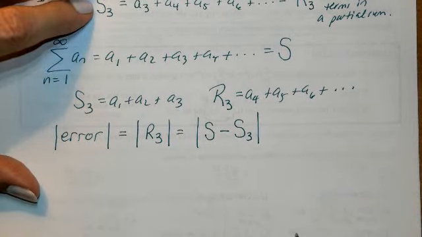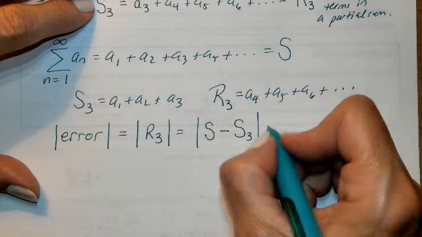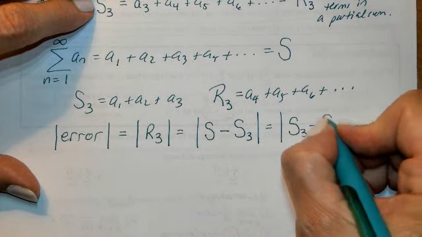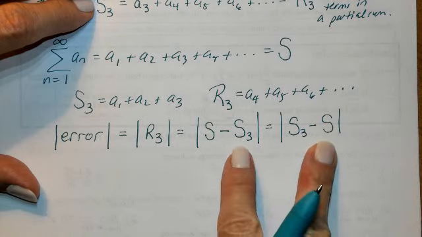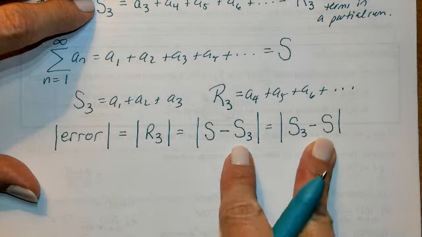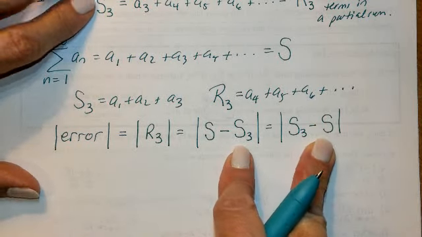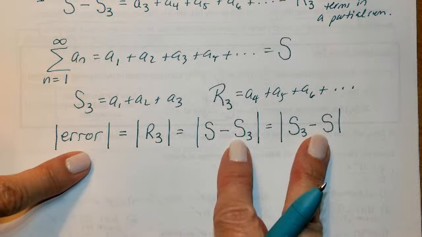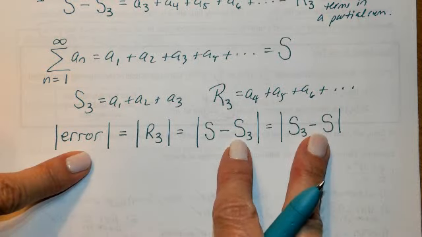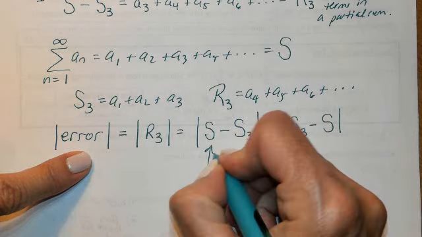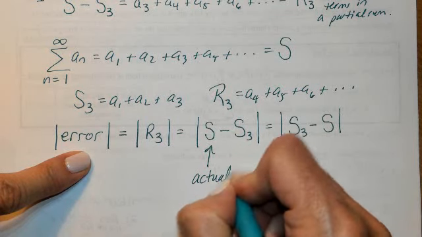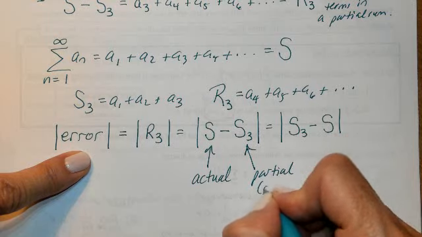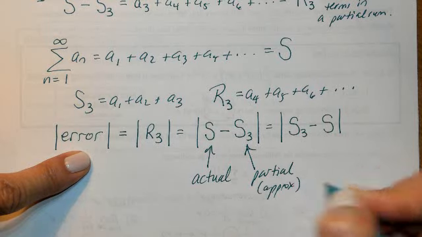Or you could write that as the partial sum minus the actual sum, because since we're in absolute values, those mean the same thing. So when we talk about error, we're just talking about the absolute value of the difference between the actual sum and the partial sum. This is our approximation.